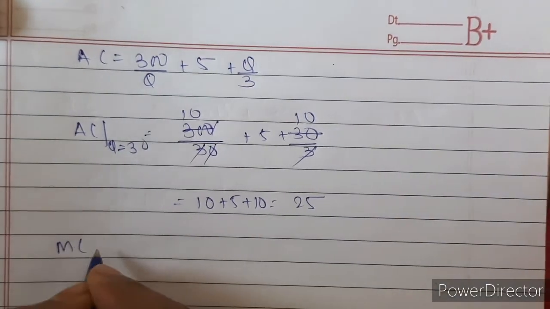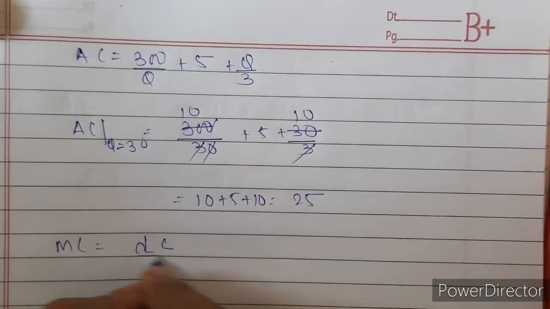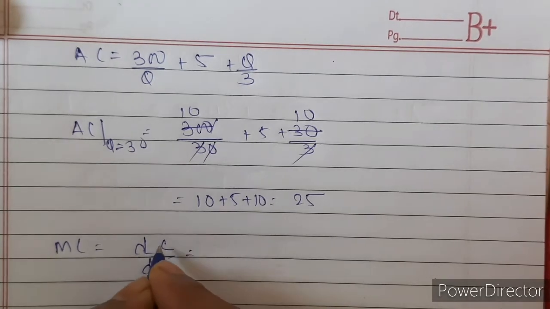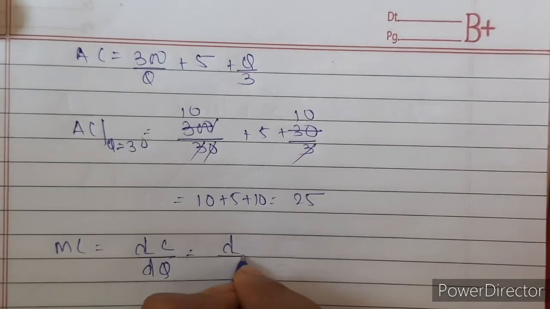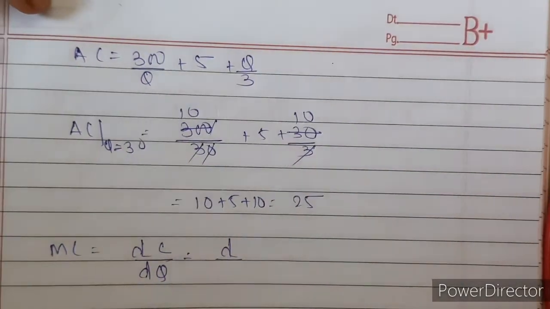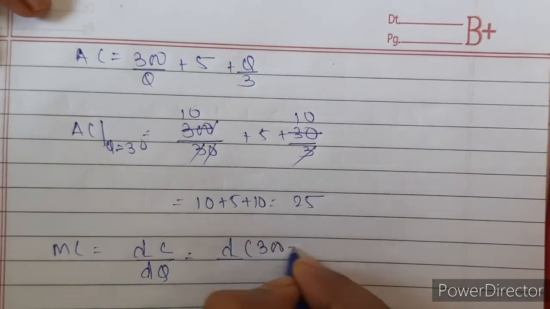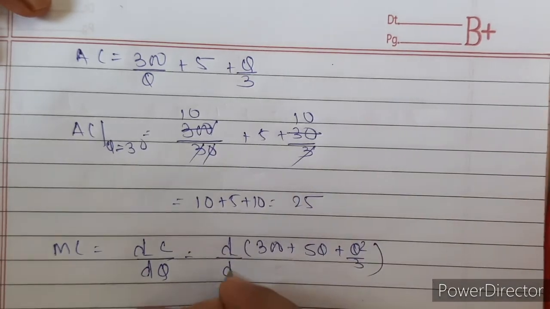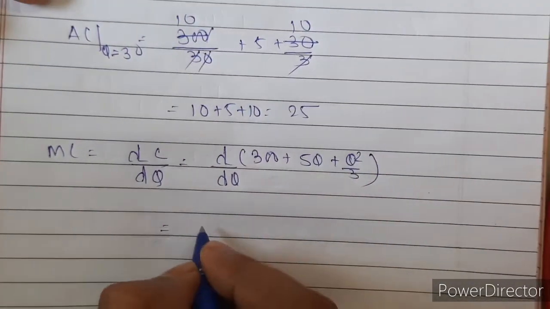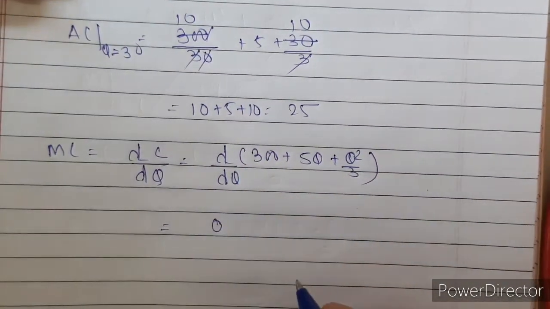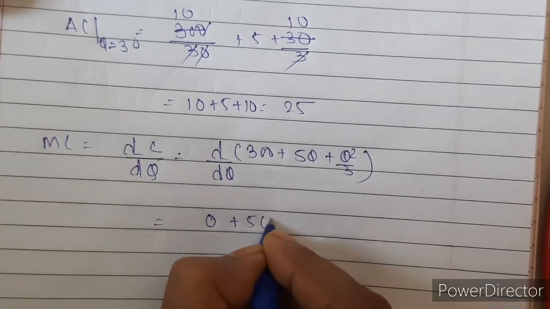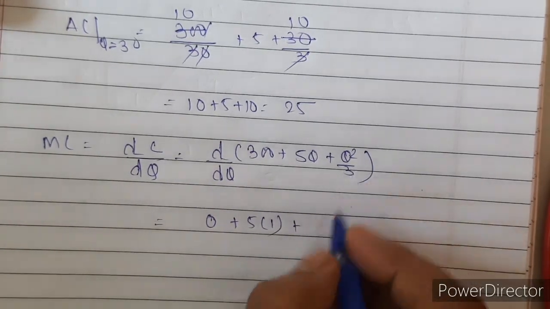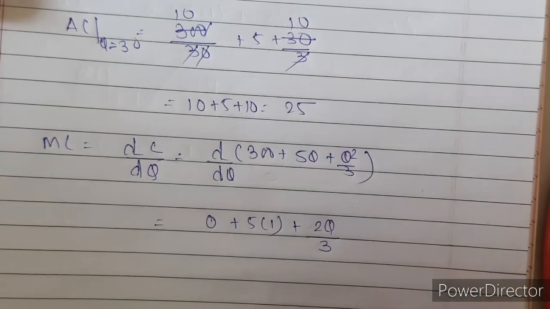Next we have to find marginal cost, and marginal cost is the change in cost with respect to change in quantity. So the cost function is 300 plus 5Q plus Q square by 3, and we differentiate with respect to quantity. Derivative of 300 is 0, 5Q has derivative 5, plus derivative of Q square by 3 is 2Q by 3.